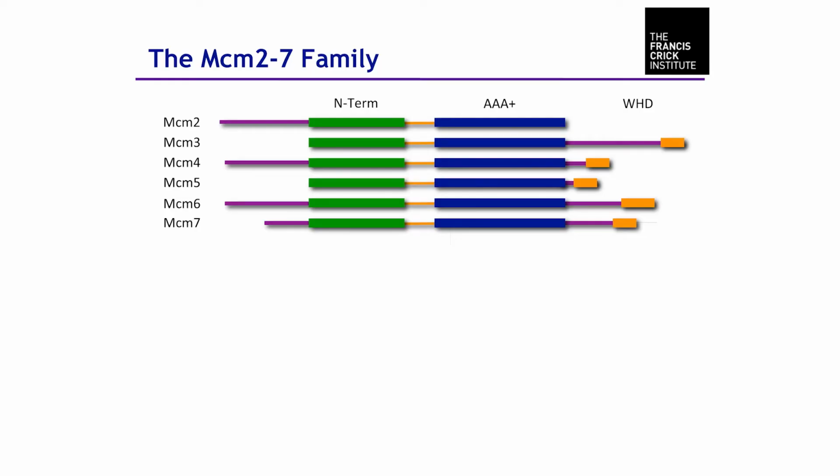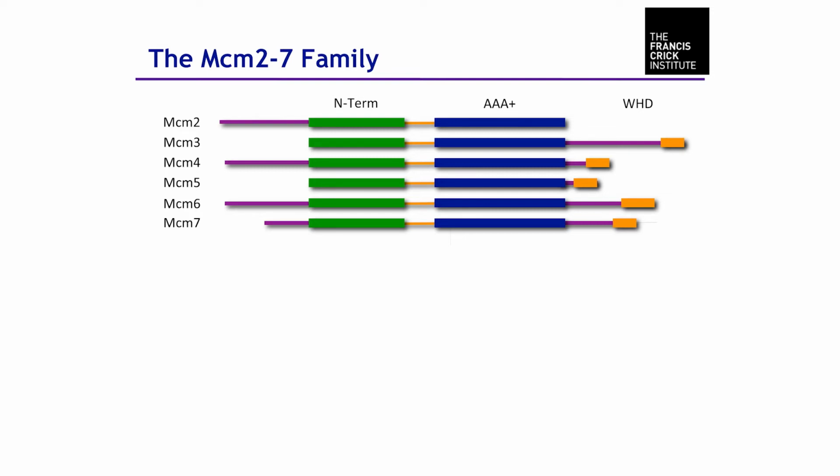Okay, so what I'm going to do today is take you through what we know about how the helicase is loaded and how the helicase is activated. So the first thing to say is that the motor of the helicase is a heterohexamer of 6 MCM proteins. They're called MCM 2 to 7.